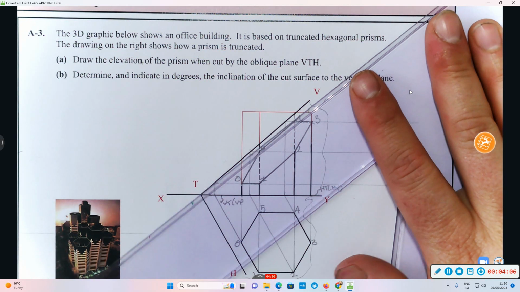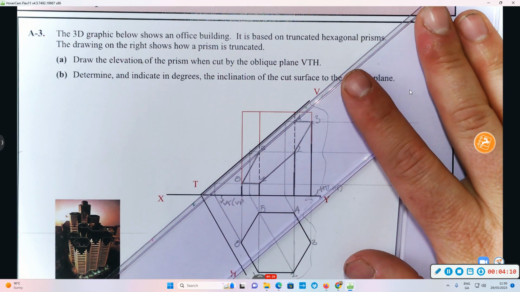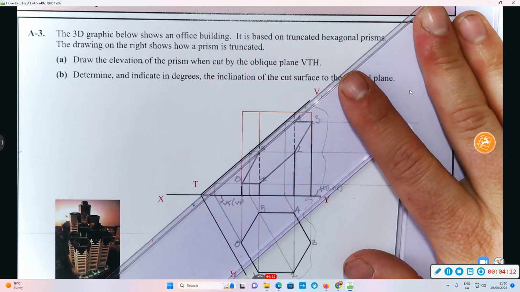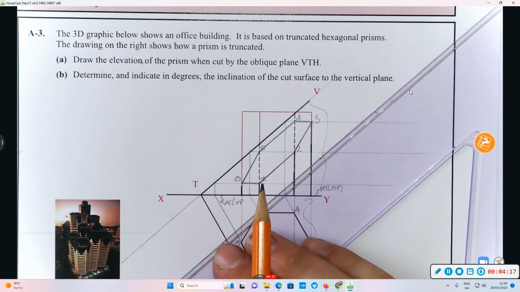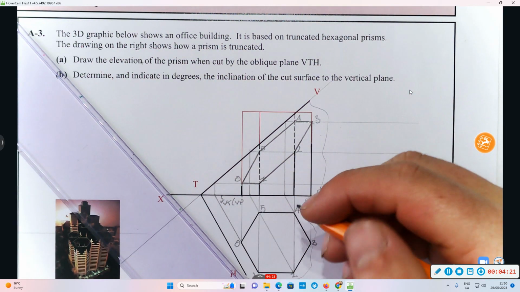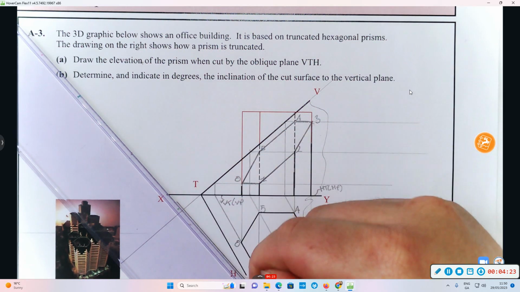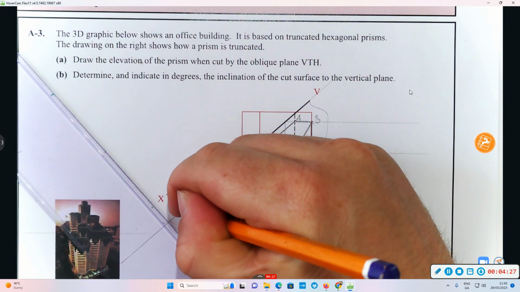So I'm going to project an auxiliary, along the VT. Okay, I'm going to draw in an X1, Y1 line perpendicular to the VT.